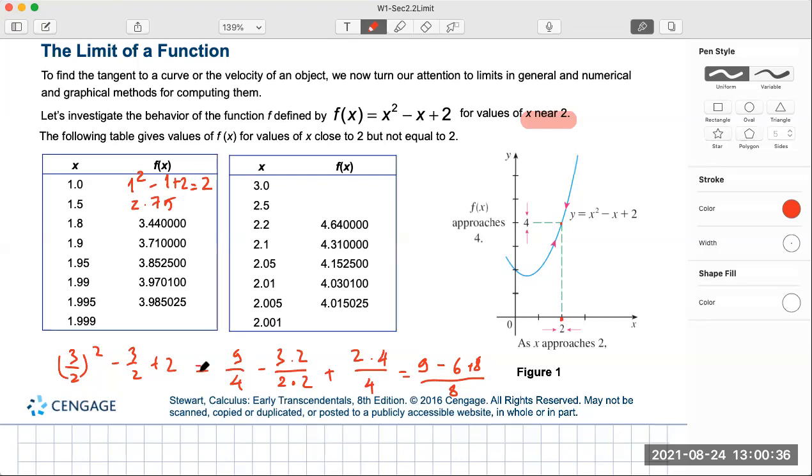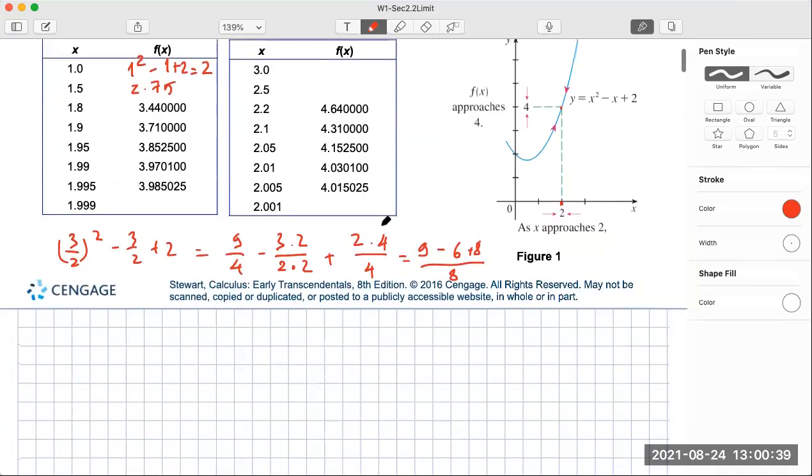Remember, 3 over 2 squared means 3 over 2 times 3 over 2. Therefore, it is 9 over 4. Very good. We got it here, right?